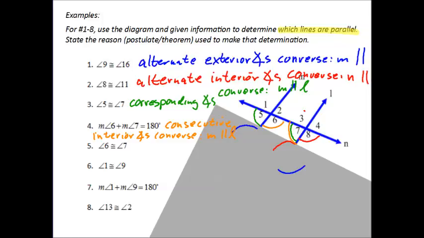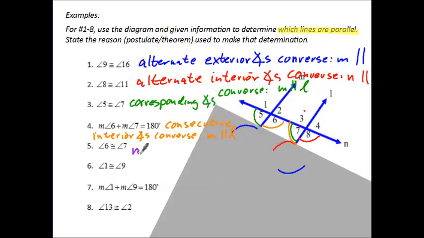These two angles are consecutive interior angles, but the fact that they're congruent as such doesn't help us out. We don't have a postulate or theorem that tells us anything about that, because we only know that they're 90 degrees in connection with the previous information. It could be any other measurement. So therefore, that doesn't help us, and that does certainly not tell us that the lines are parallel.